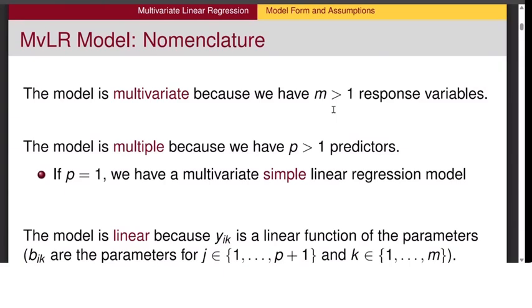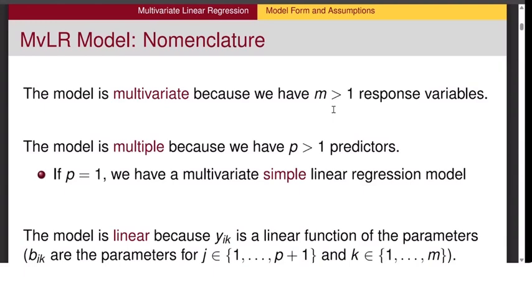If the number of responses is 1 and the number of explanatory variables is 1, then you have simple linear regression. But where the number of explanatory variables is more than 1 and you still have one response, that is a multiple linear regression.